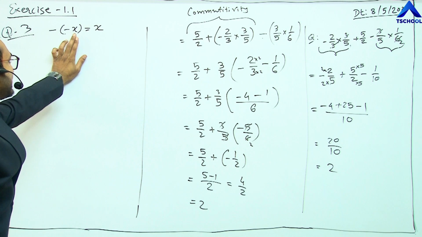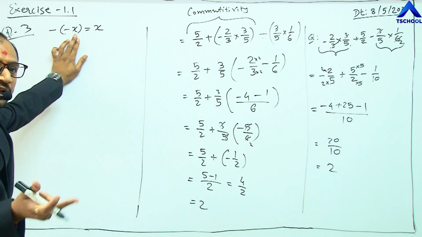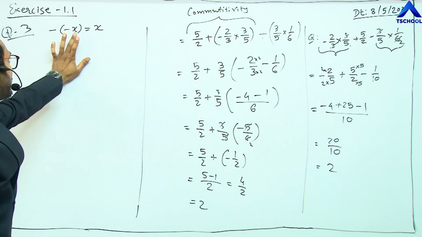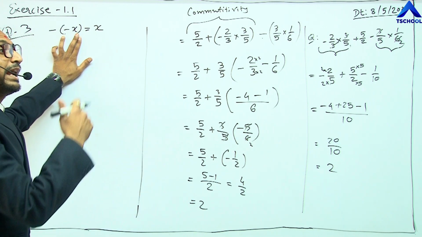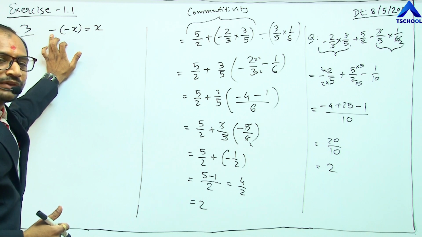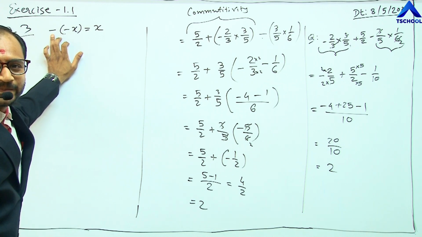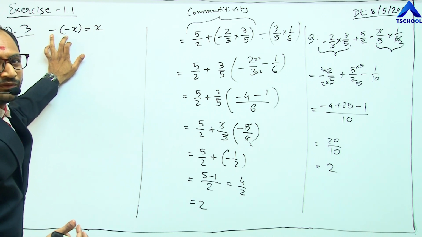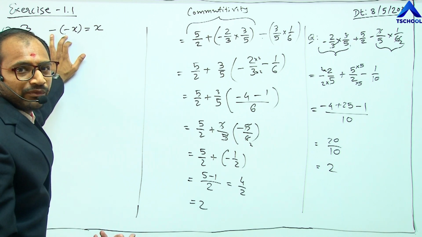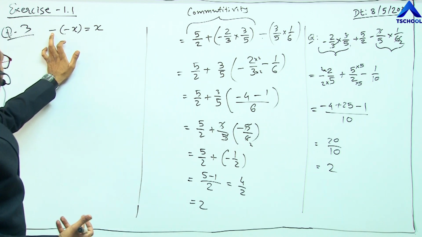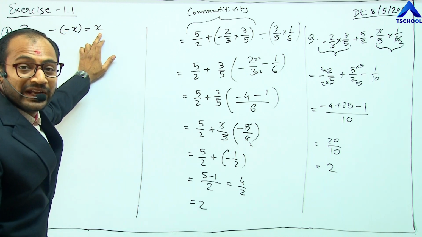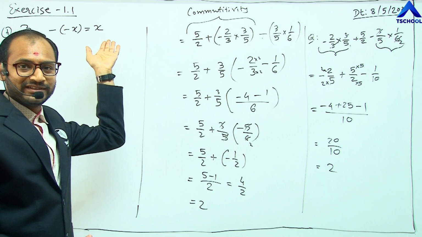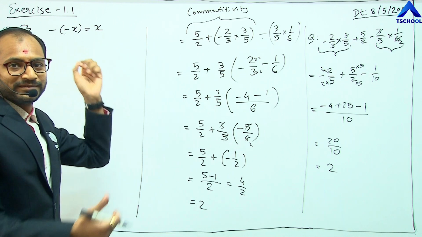Here x is a number. The negative of that number is minus x. And then we will again take the negative of that number. Negative of that number means additive inverse. The second name of additive inverse is negative of that number. So by taking the negative 2 times we get the same number. We verified this in the last lecture by using an example.